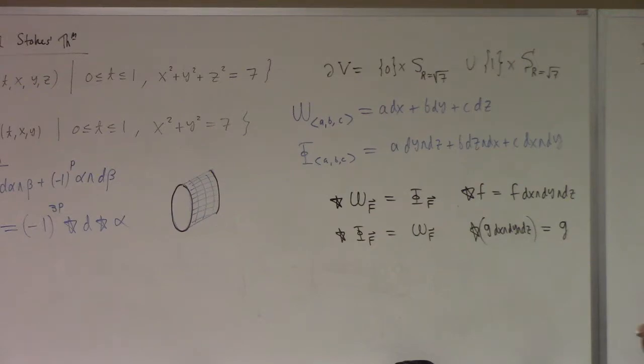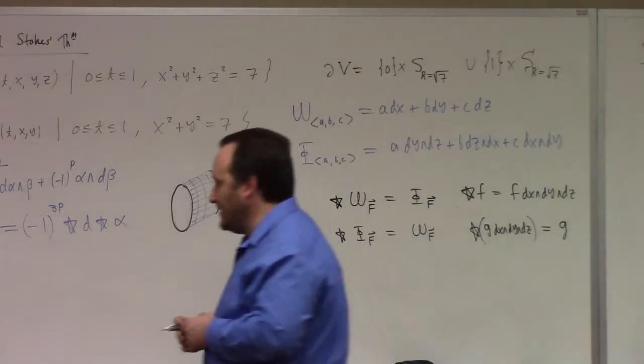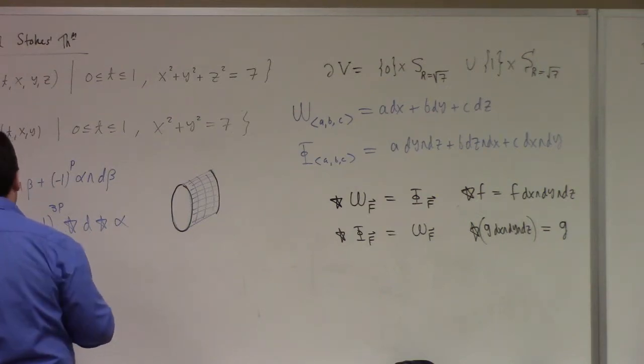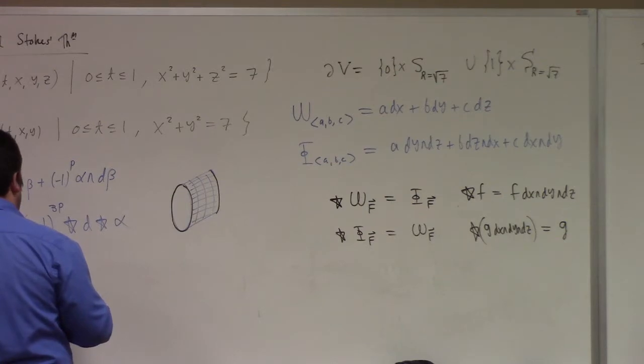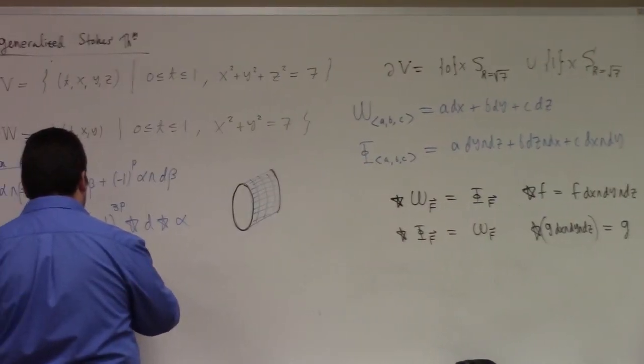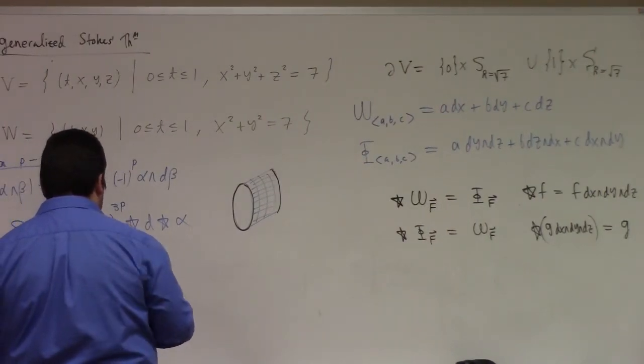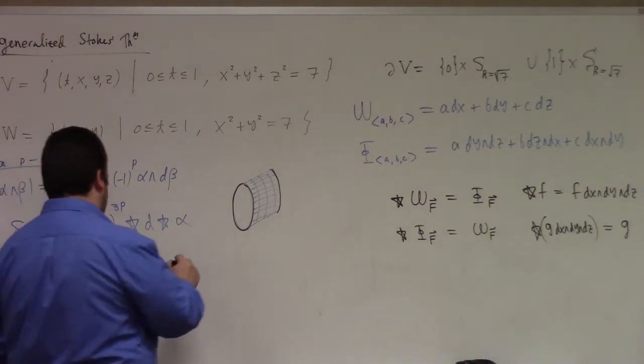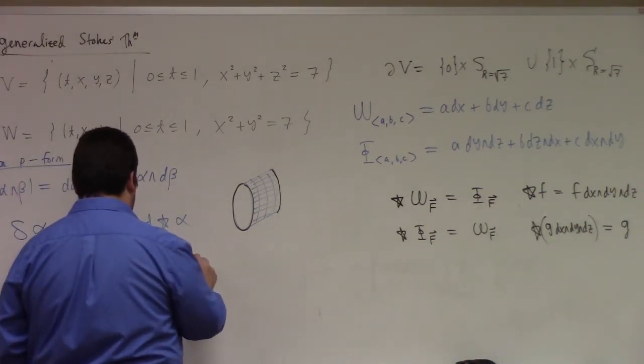So if you really understand those and you can work with those, calculating what the coderivative of something looks like is not too big a deal. Like, what's the coderivative of a function? Well, the Hodge dual of the function is the 3 form, so you differentiate it, you get 0. Very good.